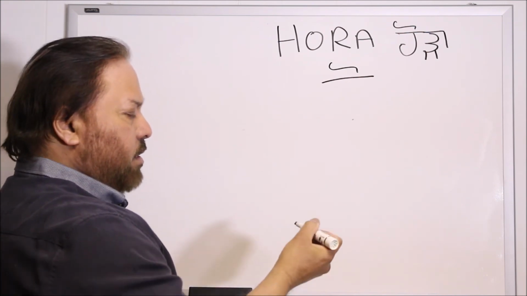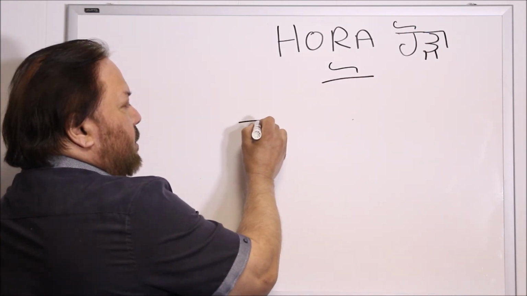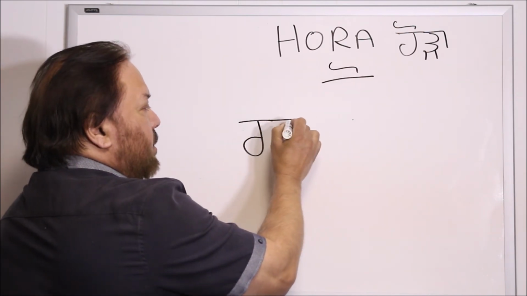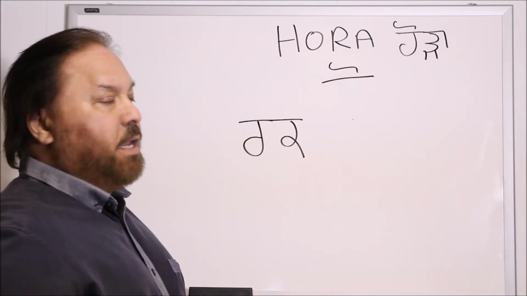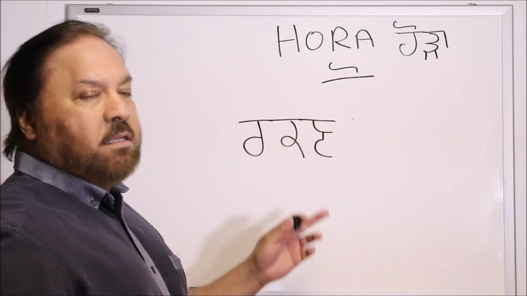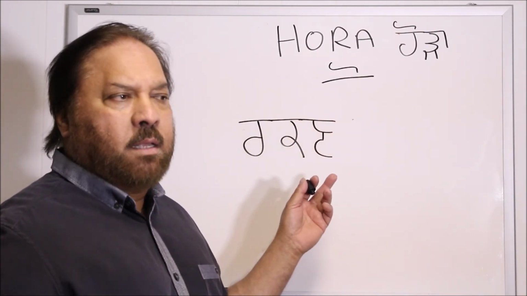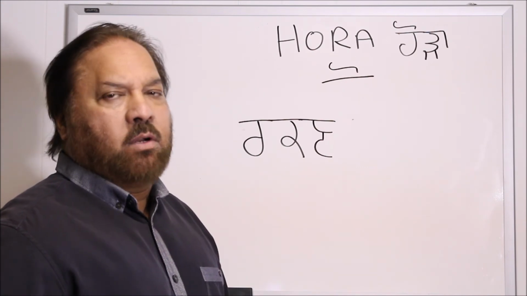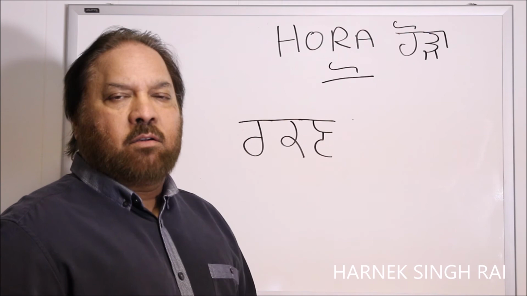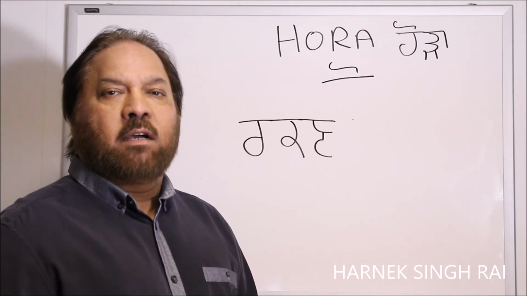To stop someone, we call it rokna. So we can write like this: rara for R, kaka for K. This is nana, not like N. I explained before, this makes the sound slightly lighter. Instead of na, we say na, na, na.